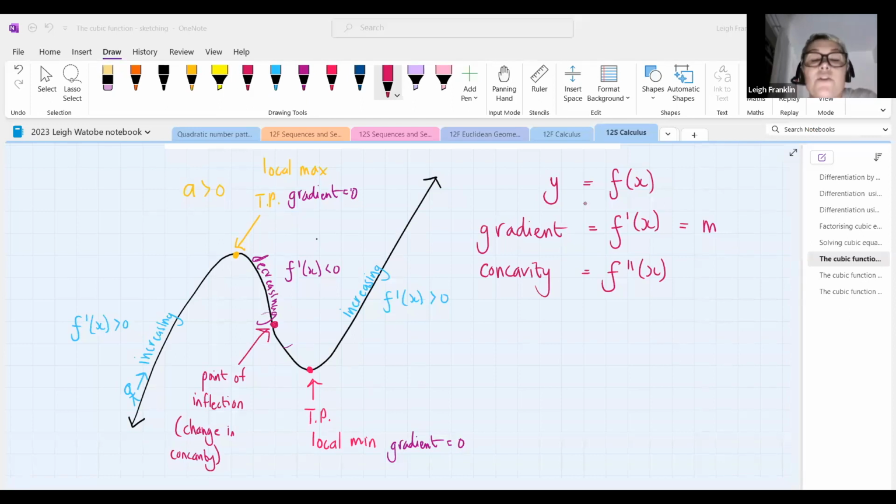That's it, Nkani. Our second derivative. So our second derivative is concavity. Our first derivative is gradient. It's very important that we learn the difference between those two.